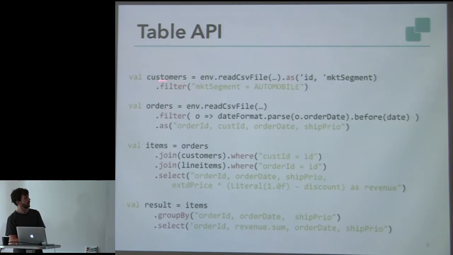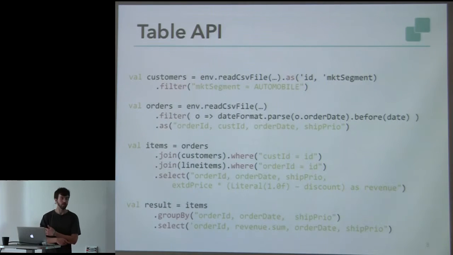Here, for example, you can create two data sets by just reading from a CSV file and filtering elements, for example here a marketing segment. You can also, like in SQL, assign special names to columns, and then it's pretty much a mixture of the DataSet API and some SQL syntax. So you join here, and you can always specify the join conditions using SQL-like syntax. I think it's a pretty cool feature.